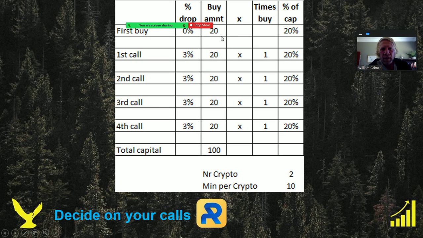Mostly when the markets are going up, you'll be alternating between those two spheres at the moment, at first buy-in and first call. If you look on the right-hand side, you're utilizing about 40% of your capital. It means the other 60% is dormant, lying in USDT, which is okay. It's not going up or down.